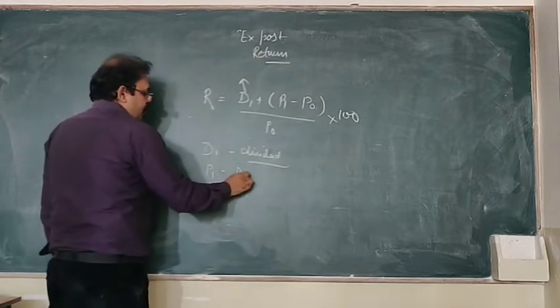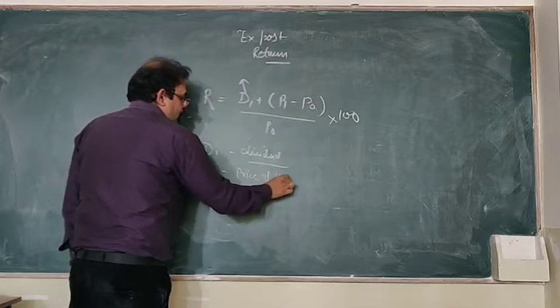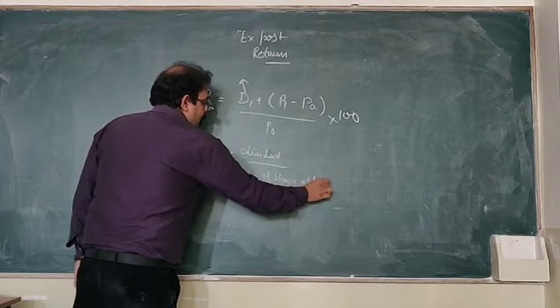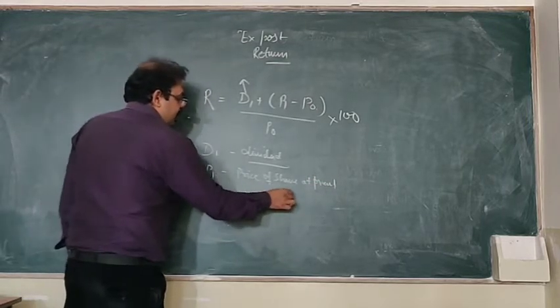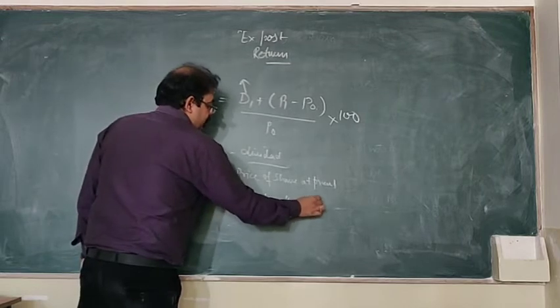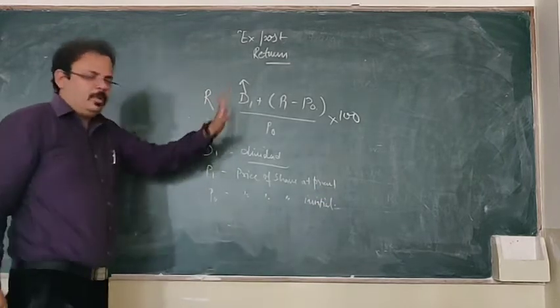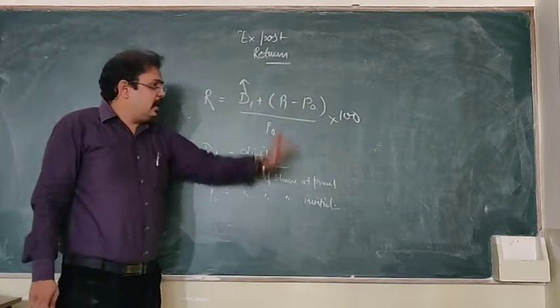P1 is the price of the share at present. What is P0? Price of the share initially. This is the formula for the return.